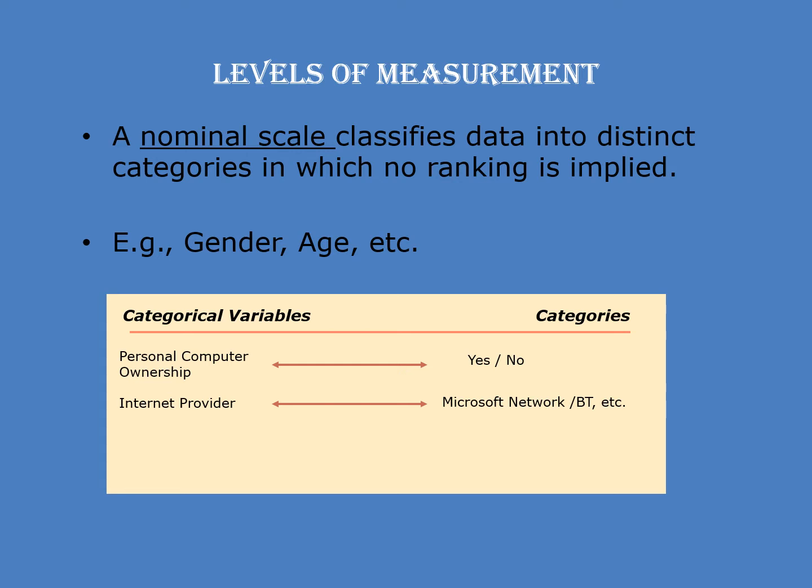So for example, whether participants who the investigator or researcher is looking to have complete surveys, for example the question might be whether a participant owns a personal computer, whether they have ownership of that, and the category under that may request the participants to say just yes or no. And then there's internet provider as a categorical variable, for example, and the categories could be basically the names of the actual internet providers.